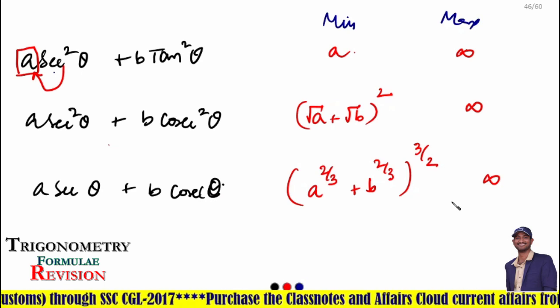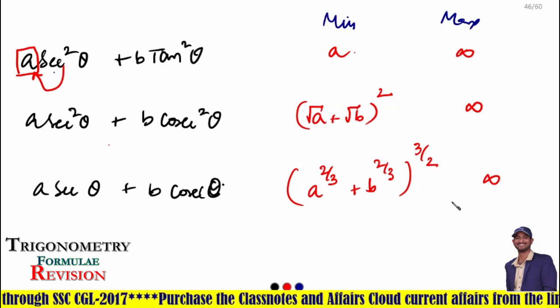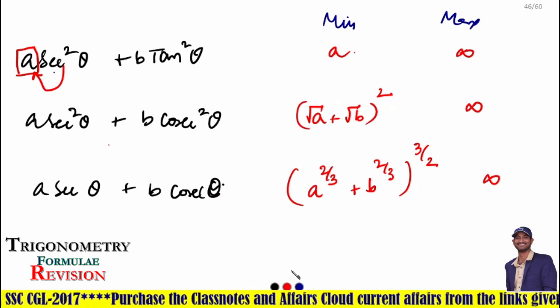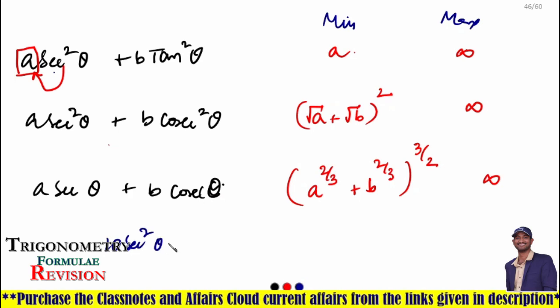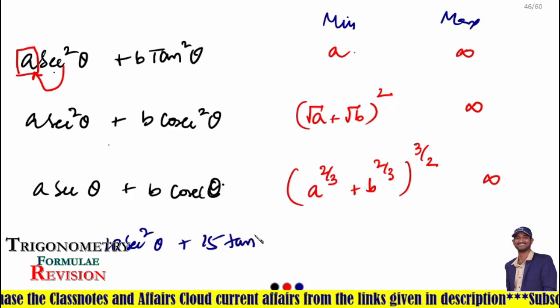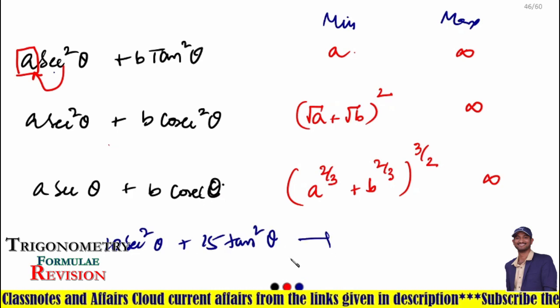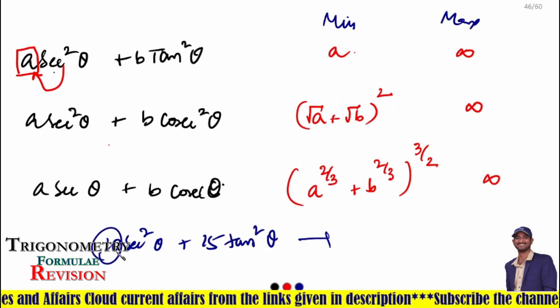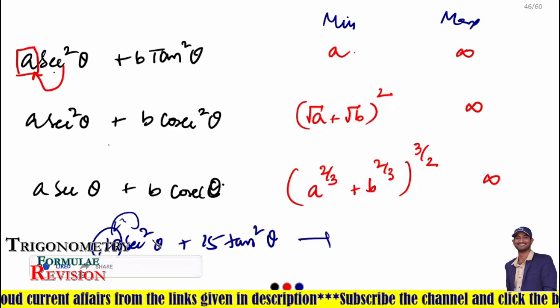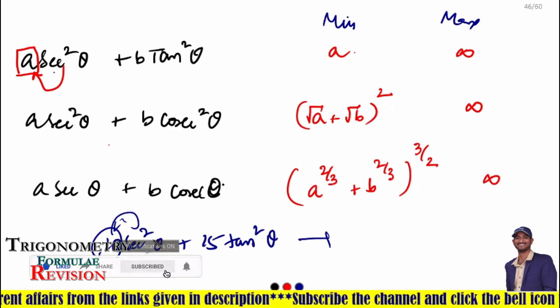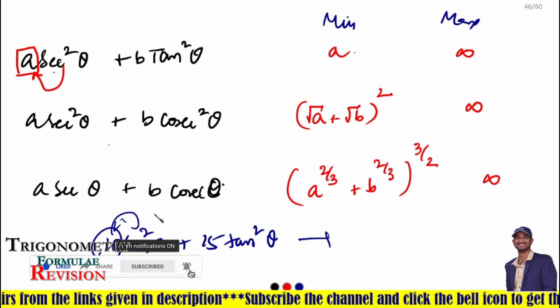Is it clear? These are one type. For suppose in the exam, find the minimum value of 10 secant square theta plus 15 tan square theta. Directly you can write the minimum value as the coefficient of secant square, 10. Is it clear? Next.